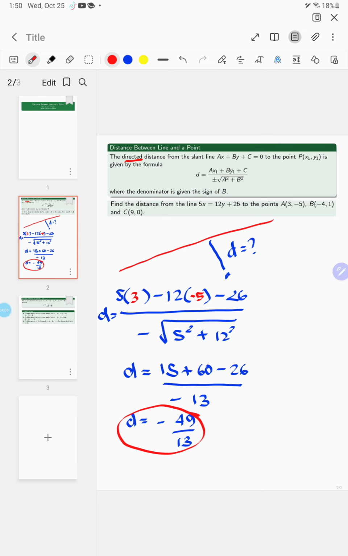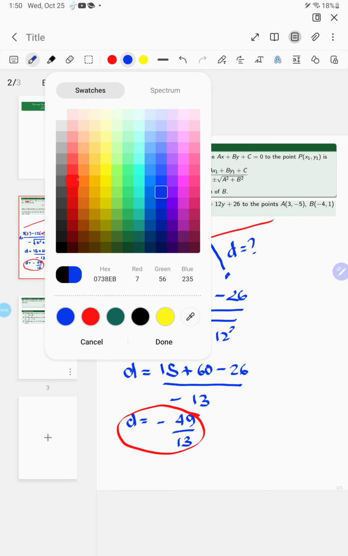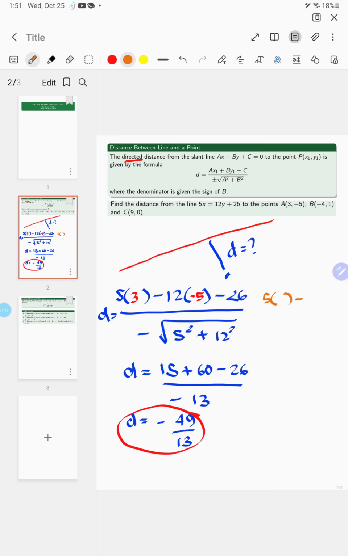Let's verify. How about letter B? For point B, we're going to do the same. That will be 5 times negative 3 minus 12 times negative 5 minus 26 all over, I already computed that, negative 13.